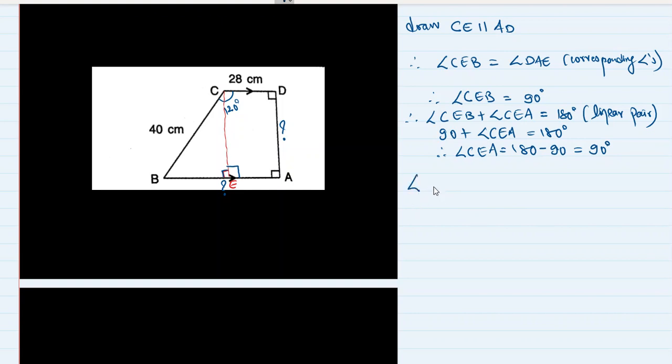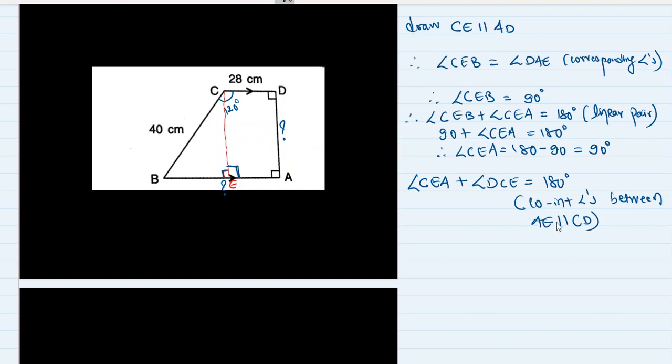Now, angle CEA plus angle DCE is equal to 180 degrees. That means this angle and this DCE is 180 degrees. Why? Because they are co-interior angles between two parallel lines, AE and CD.